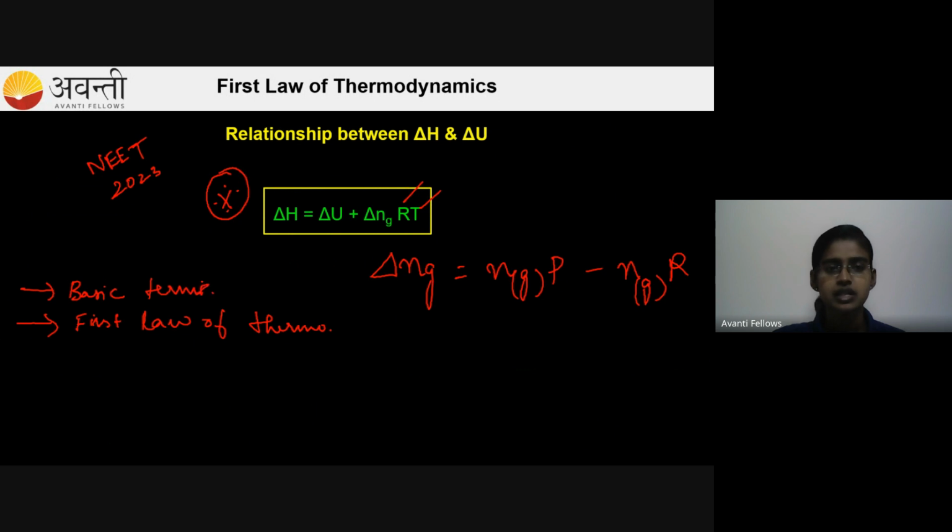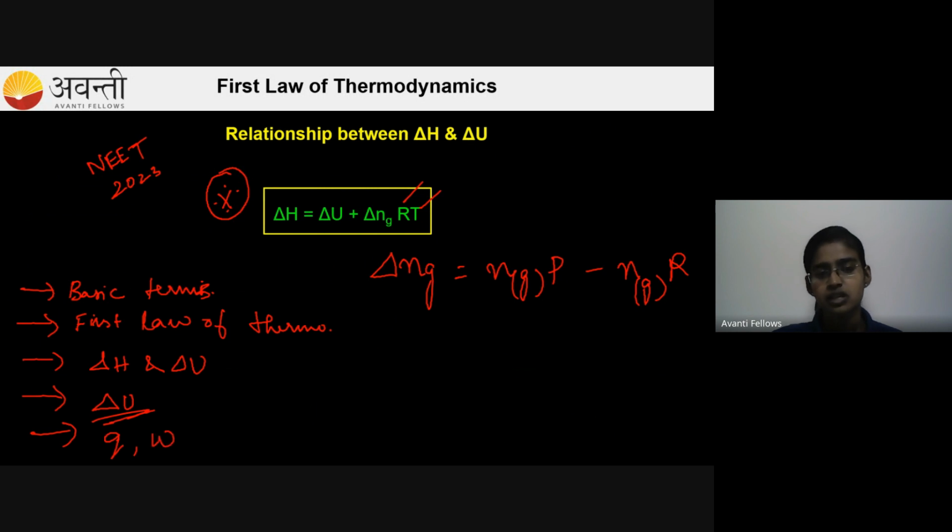The relationship between delta H and delta U we have discussed, and some relations about properties of internal energy. Some sign conventions related to heat, work, and delta H we have discussed. So this is the summary for today's session. In the next session, we will continue with heat capacity.